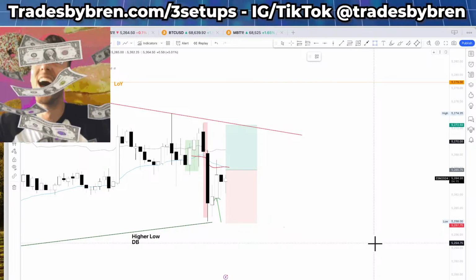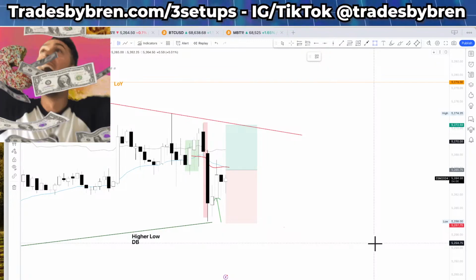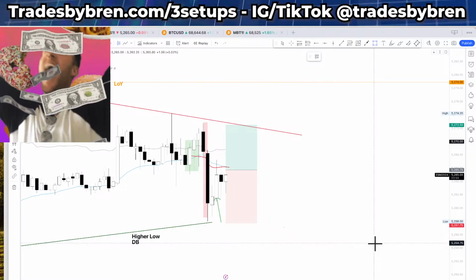Trading range price action. Typical. Bulls trying to get it to close above the moving average again.